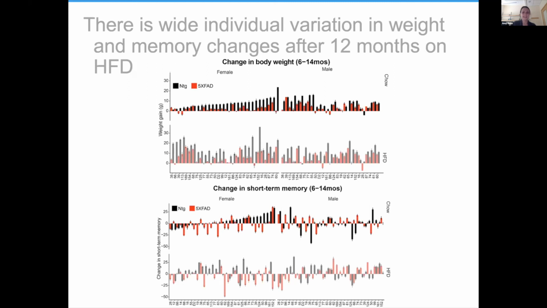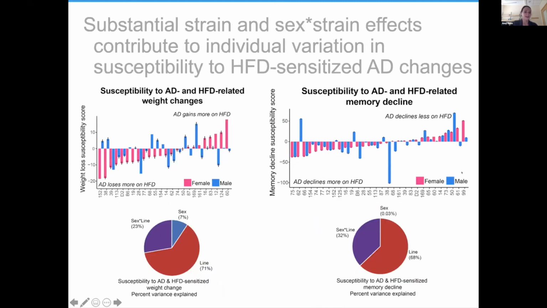And I can distill these 4 plots into one value in a measurement I'm calling a susceptibility score. So this is looking at the differential between Alzheimer's and non-transgenic mice who are on chow and high-fat diet in both weight phenotype and memory phenotypes.